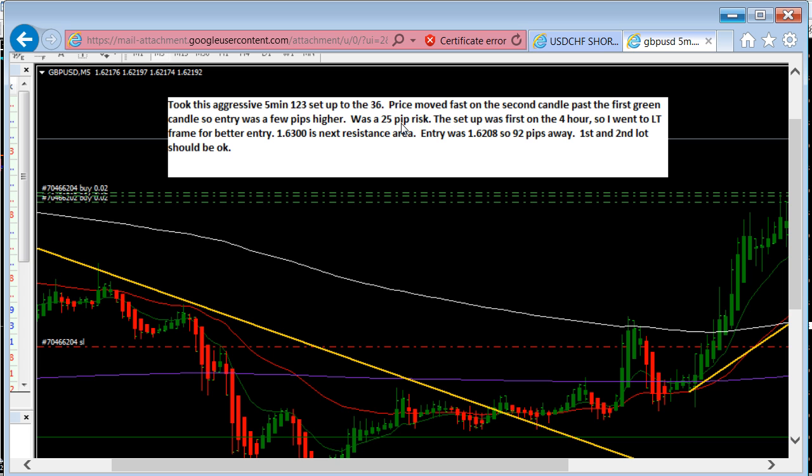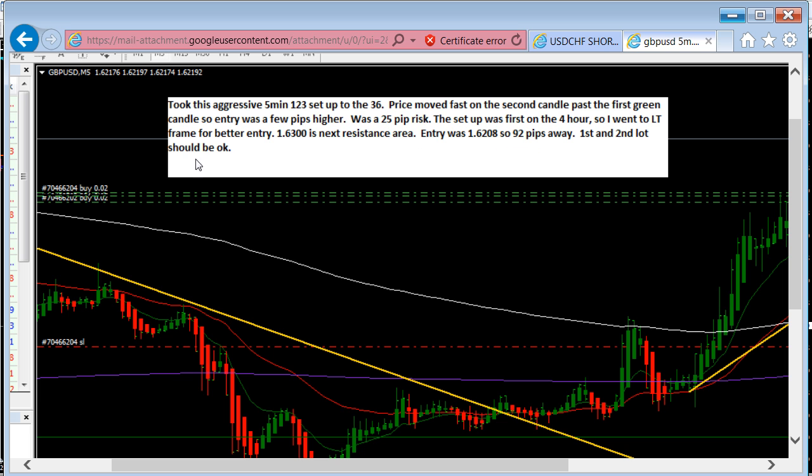It was a 25 pip risk. The setup was first on the 4-hourly, so went to LT, a longer time frame probably, right? For better entry. 1.63 next resistance, entry was 1.6208, so 92 pips away.